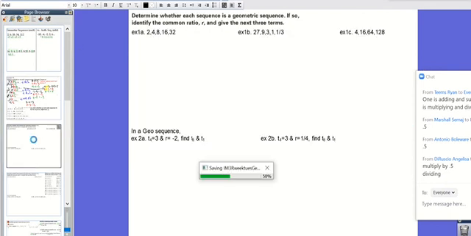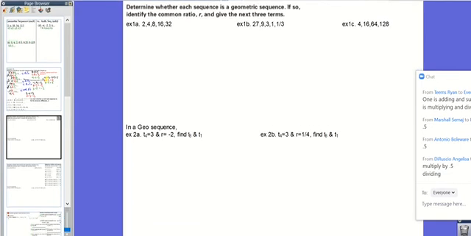I'm going to go black and go boom. Let me be consistent with how I did it before.